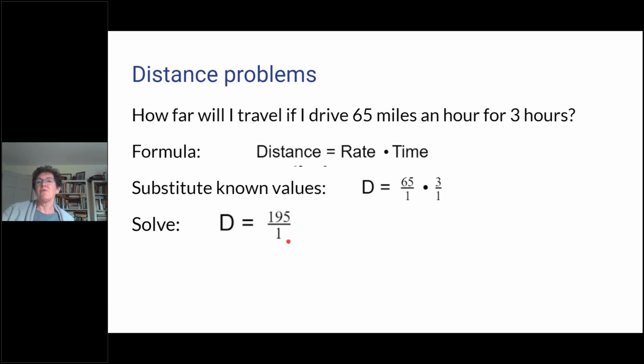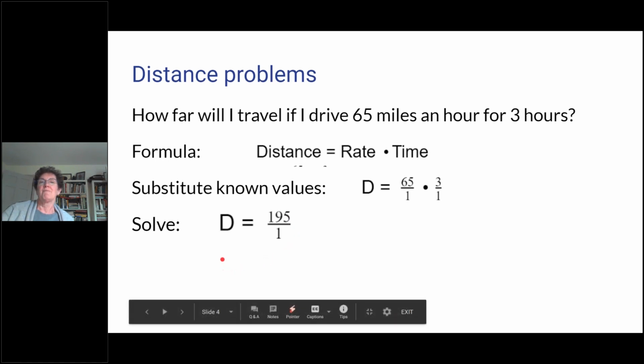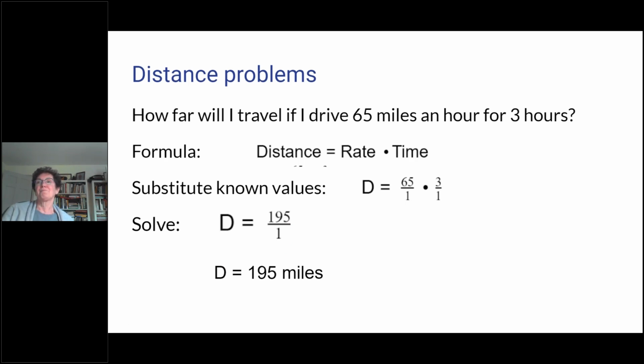And we can either think of this as simplifying this fraction, 195 over 1, or we can think of it as a division problem, 195 divided by 1. Either way, we're going to simplify this to 195, or we're going to know that 195 divided by 1 is 195. And so our distance will equal 195 miles.